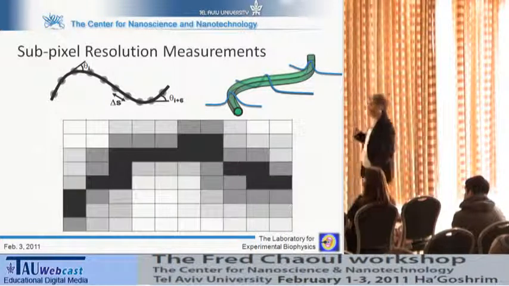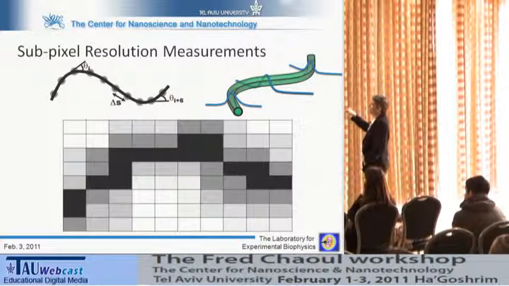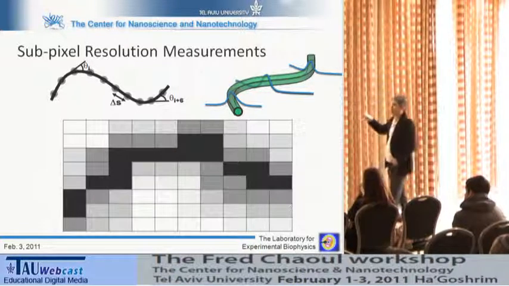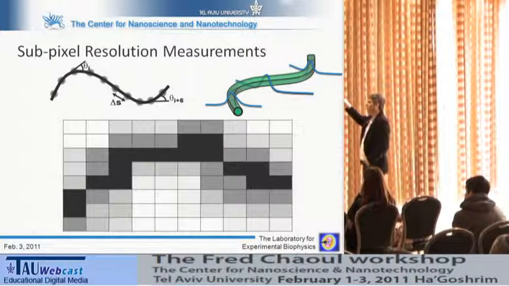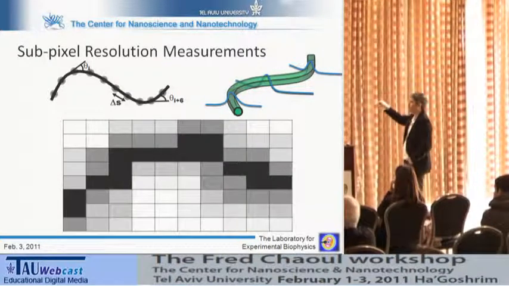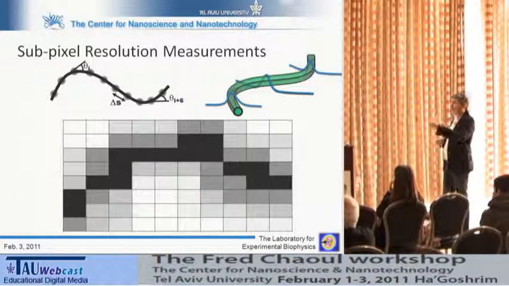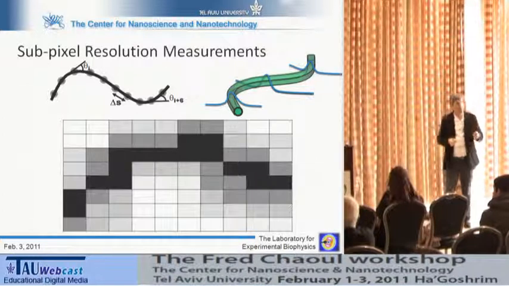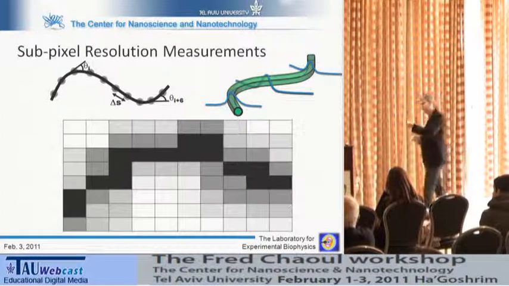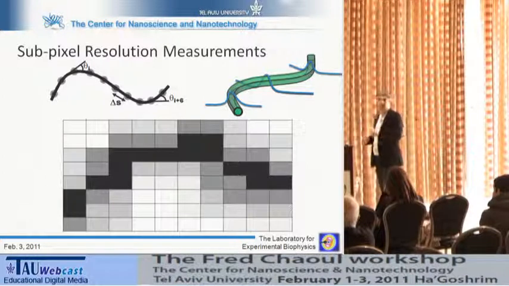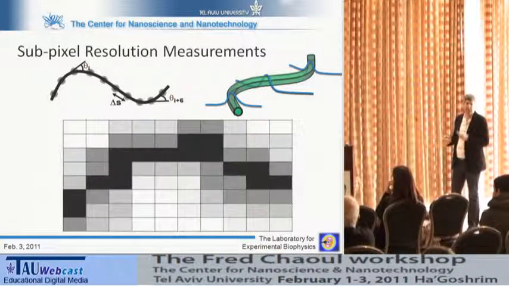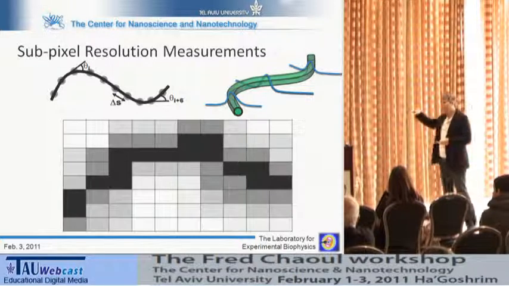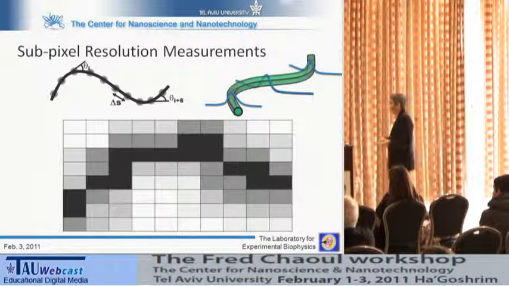In particular, the AFM is very good because it gives you the height profile. So we actually use this information to make fits to every point along the contour, fitting it to some kind of a Gaussian, and from that getting a sub-pixel resolution on the topography of the filaments, and from that we can deduce in very high accuracy the contours of the filaments.